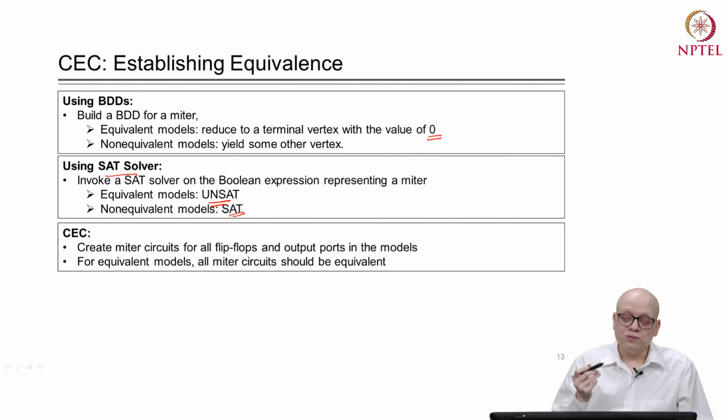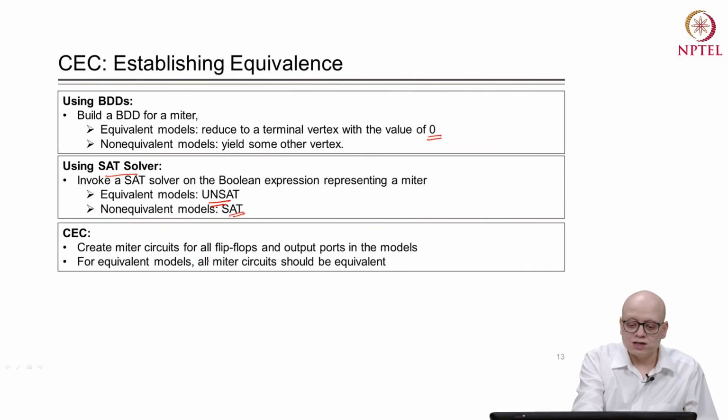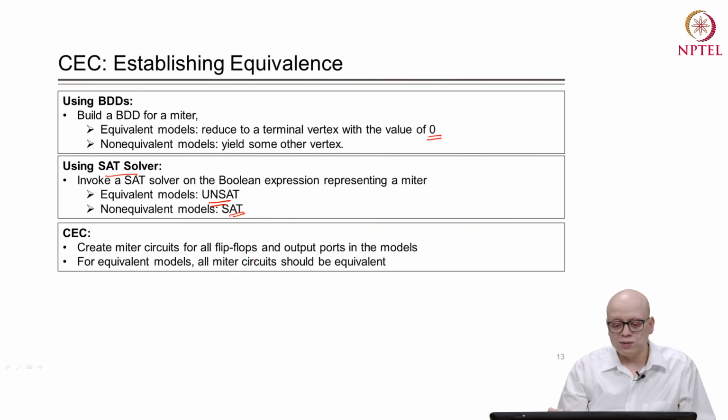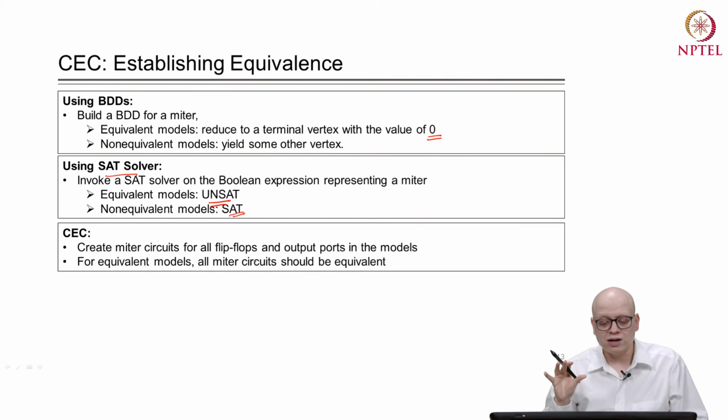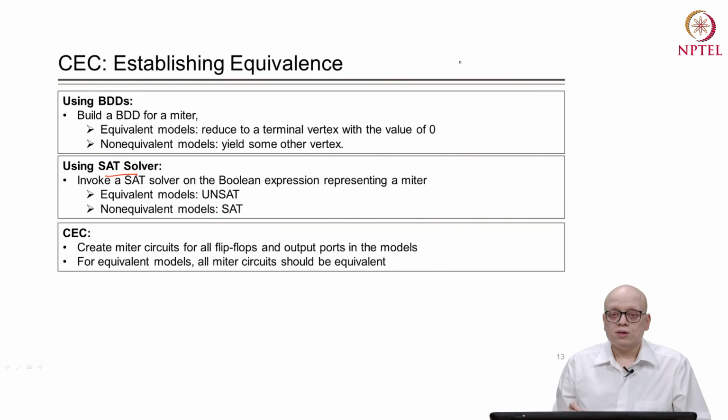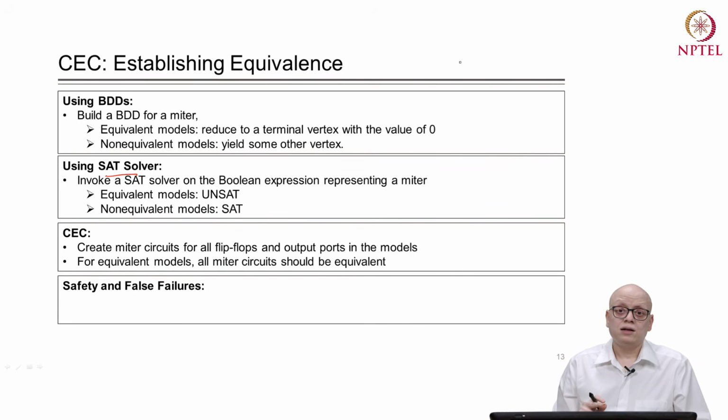So what we do in CEC is create mitres for all flip flops and output ports in the model. For equivalent models, all the mitres should be equivalent. If there is any failure, it means that there is some combinational logic cone which is not equivalent. Now, we should also understand that combinational equivalence checking can sometimes give us false failures.